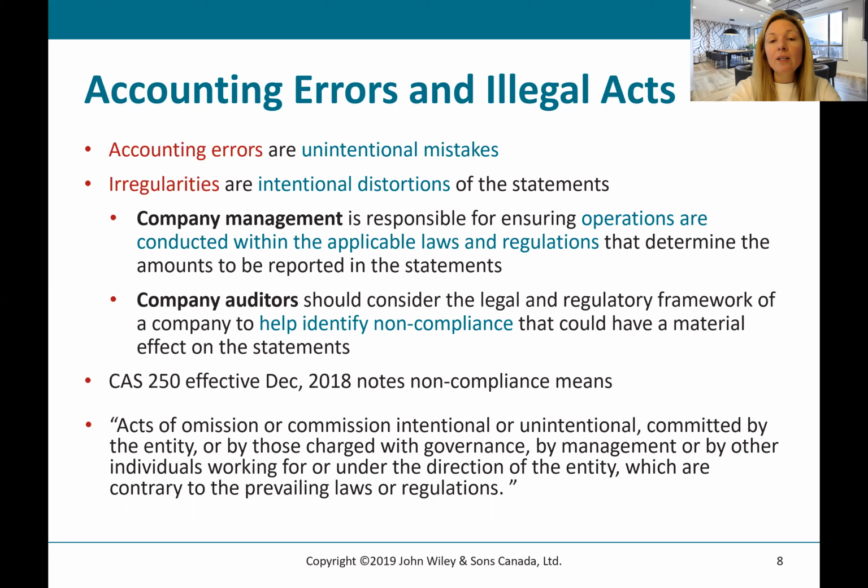So non-compliance officially means acts of omission or commission, intentional or unintentional, committed by the entity, or by those who are charged with governance by management or other individuals, which are contrary to the prevailing laws or regulations.